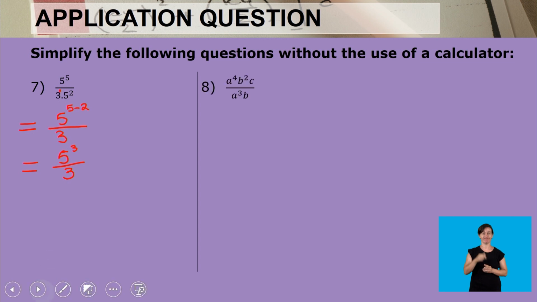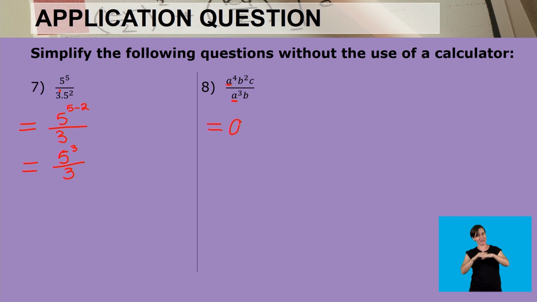Then the next expression, which is our last expression, we have a exponent 4 multiplied by b squared multiplied by c, and that is all divided by a cubed multiplied by b. Now, what are we looking for? We are looking for bases that are the same. We have a base a there and a base a there.